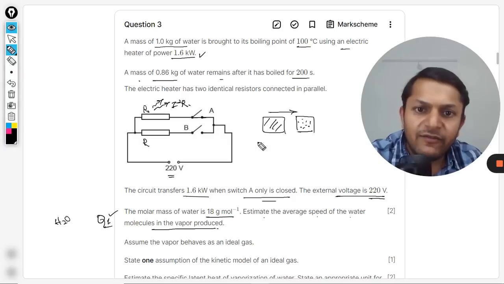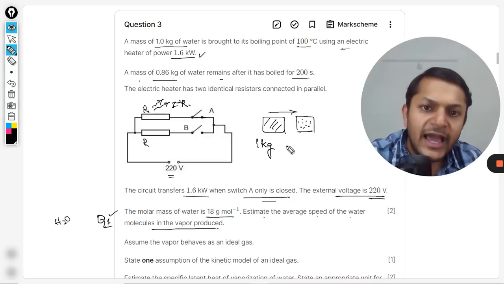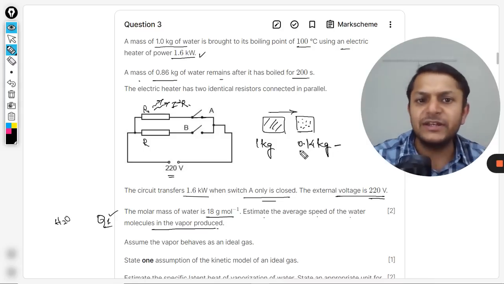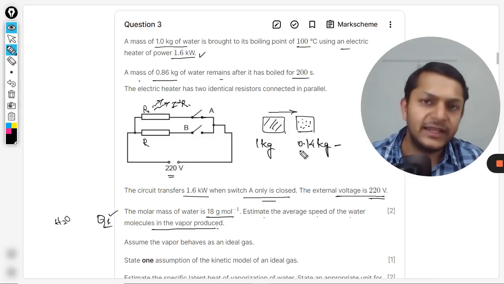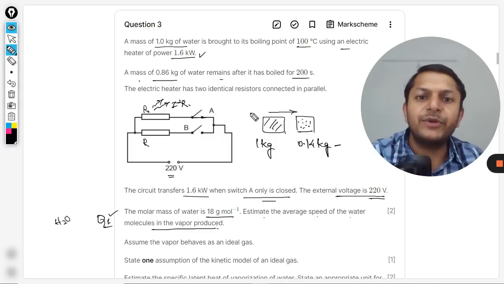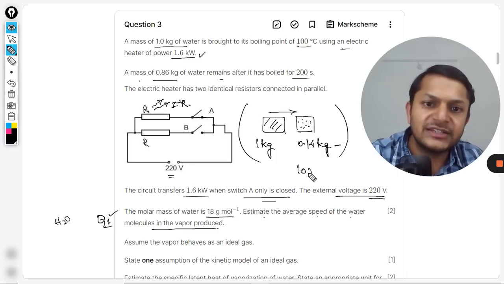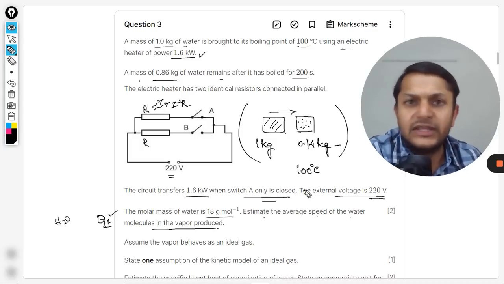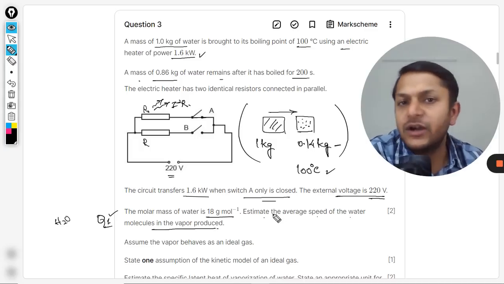So we were having 1 kg of water, and some part of it, like nearly 0.14 kg of the water, has been converted into steam, but the rest of the water is still in the liquid phase. It means that the temperature of the complete mixture is just 100 degrees C. It is not 110. It cannot be 120. Simple, straightforward. It has to be 100 degrees C.